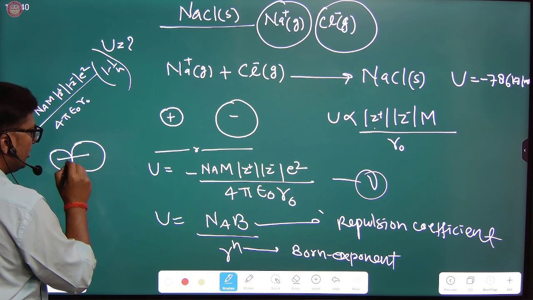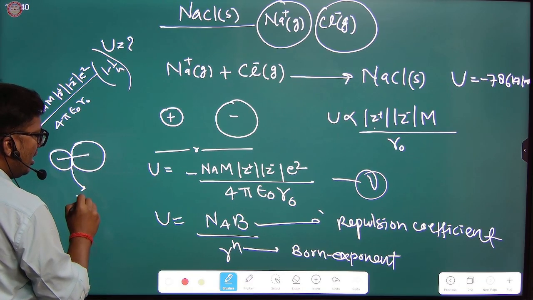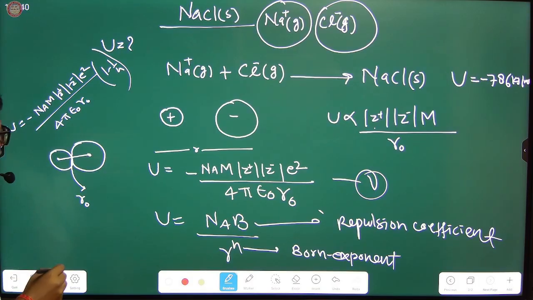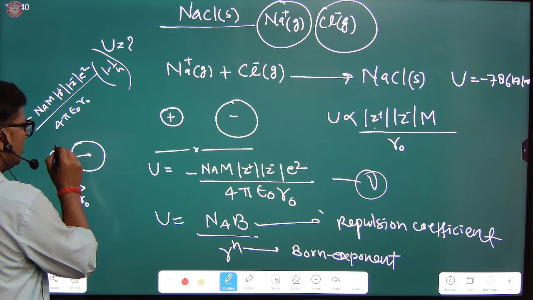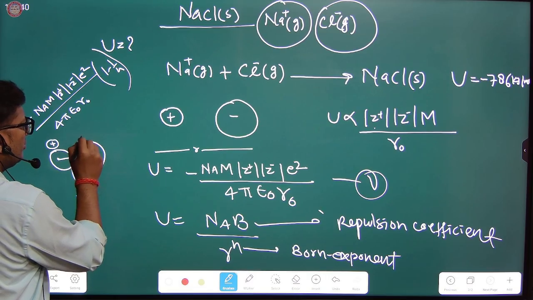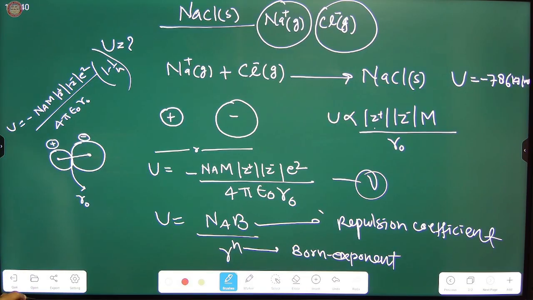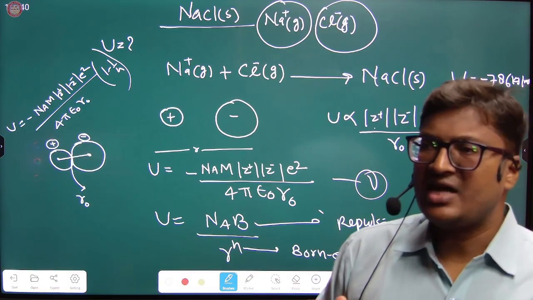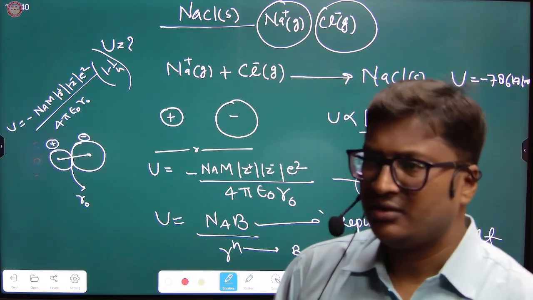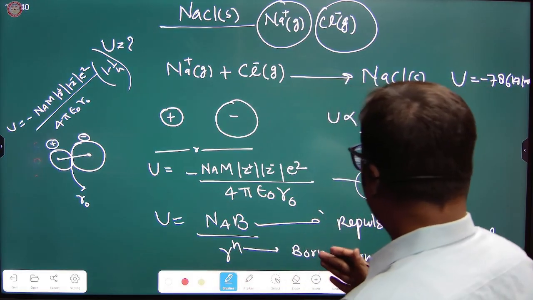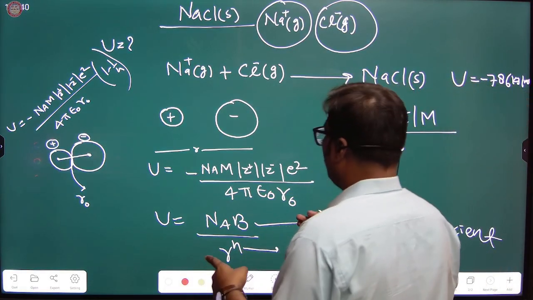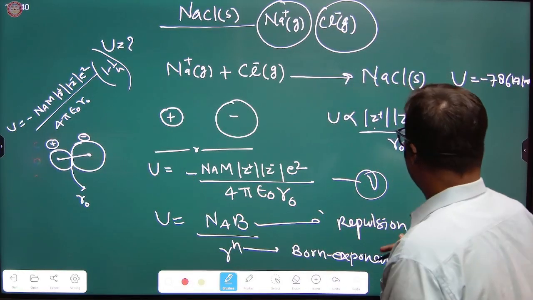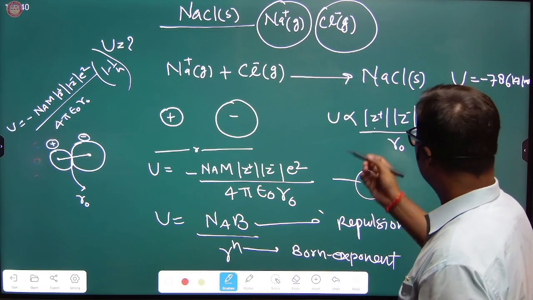So this distance is called R0, your interionic distance. It means this is your positive cation and this is your negative anion. If the ions are closer to each other, or the distance between two ions is very low, then the lattice energy of the ionic solid will be very high.